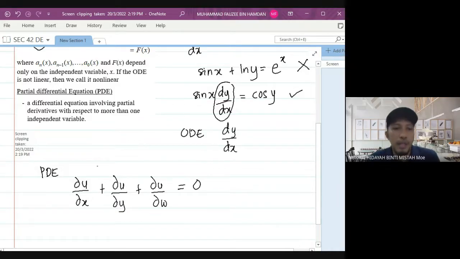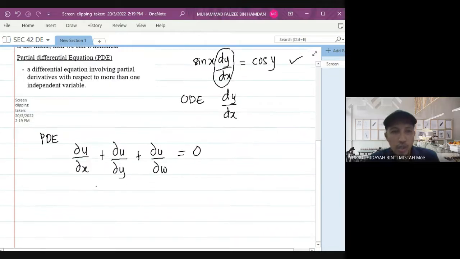Remember, when we write del u over del x, our dependent variable is on the top, in this case u. So our solution is a function of u with respect to these. This is an independent variable, this is also an independent variable, and this is also an independent variable.